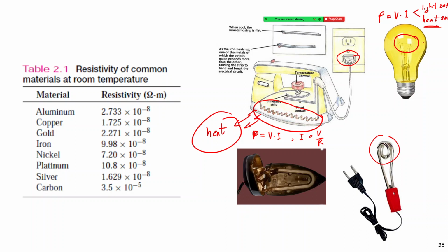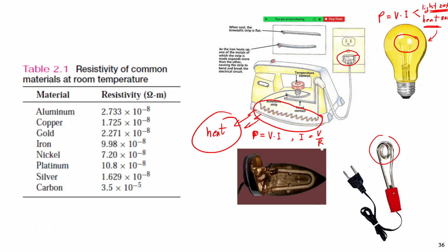This is the old model of lamp, right? We almost do not use this kind of lamp anymore, right? Because of very, very low efficiency. Most of the power is dissipated into heat. It's not to light. Okay.